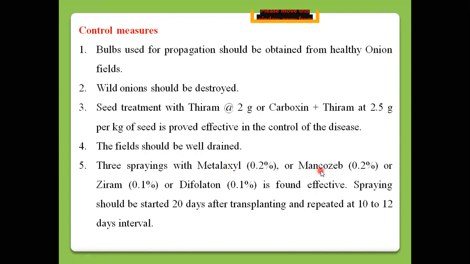Instead of metalaxyl, you can also apply mancozeb or use Ziram or dichlone. Spraying should be started 20 days after transplanting and repeated at 10 to 12 day intervals. Then the next important disease is downy mildew, also seen on mustards.